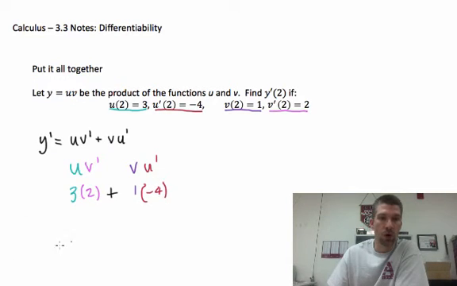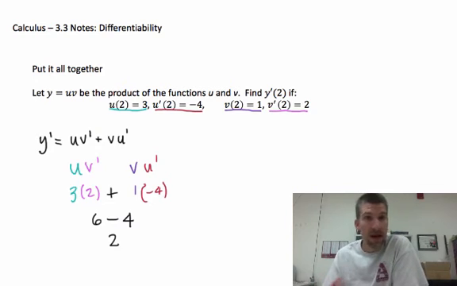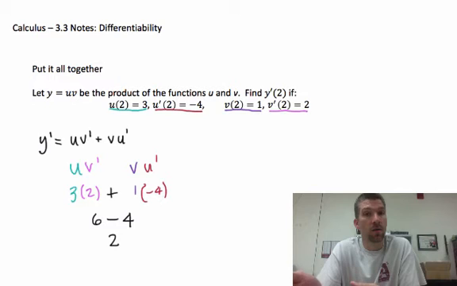And so when I work this out, I'm just going to have 6 minus 4, which is 2. And that's your answer. That is the derivative at 2. And that's using your rule for how to find the derivative of a product.